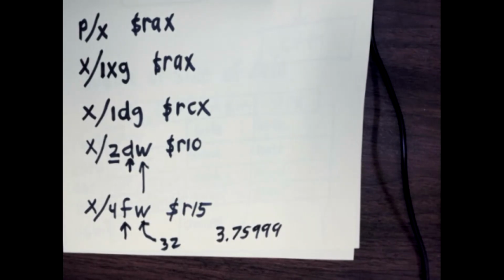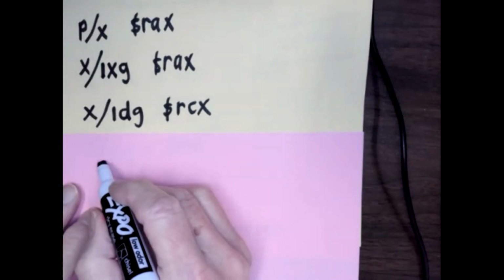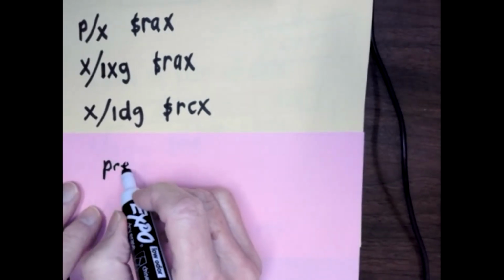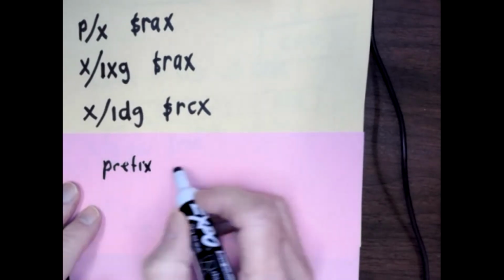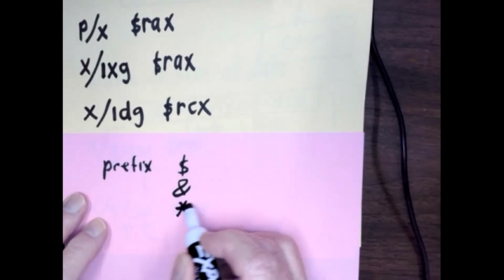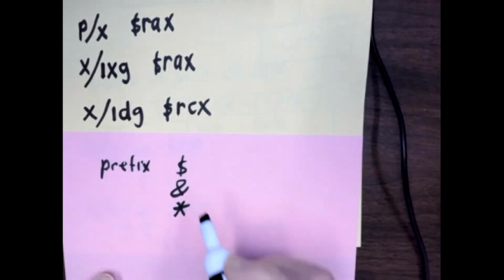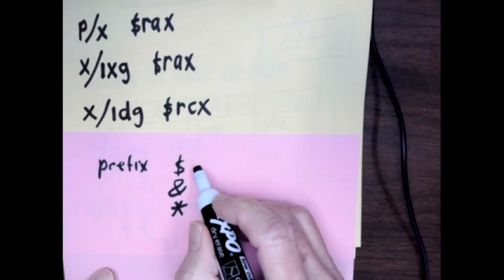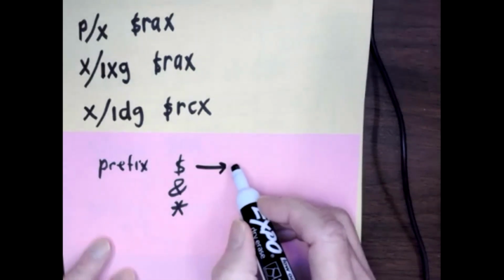Okay, next, I was going to point out, prefixes. Prefix. $, or ampersand, or star. So $ has to be placed in front of all registers.